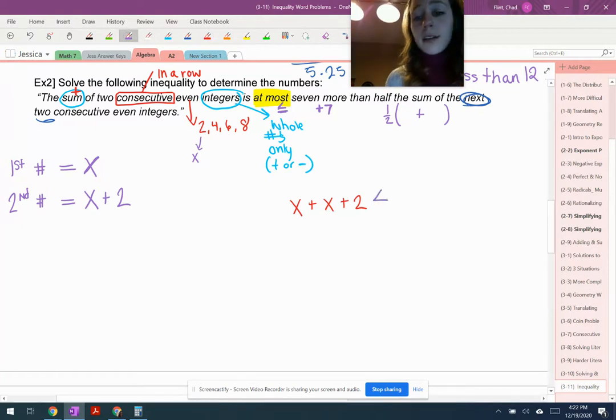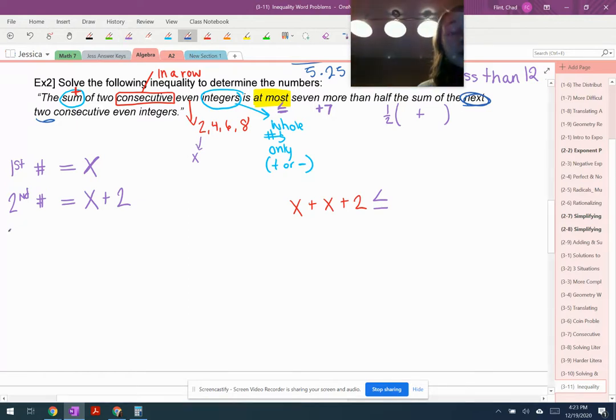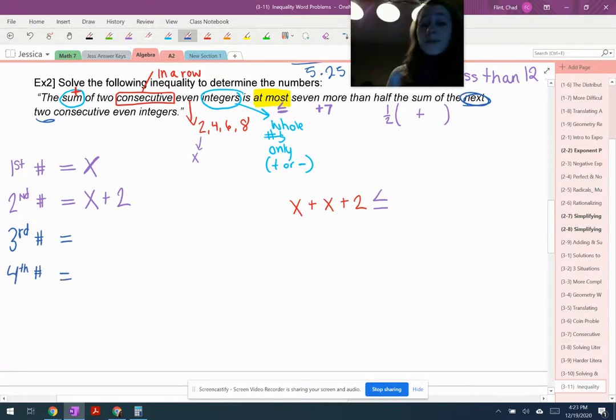so I'm going to bring back that inequality that we picked out, 7 more than half the sum of the next two consecutive even. So when they say the next two, they don't mean the two that I have already. They mean the next two after that, which would leave me with a total of 4 numbers. So we need a third number equals expression and a fourth number equals expression.